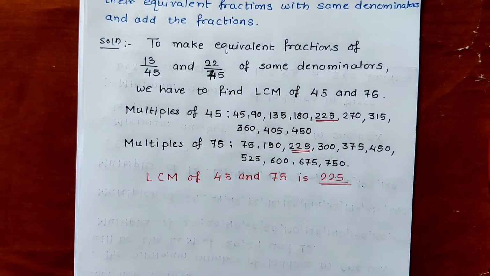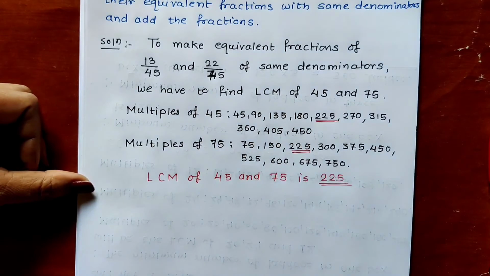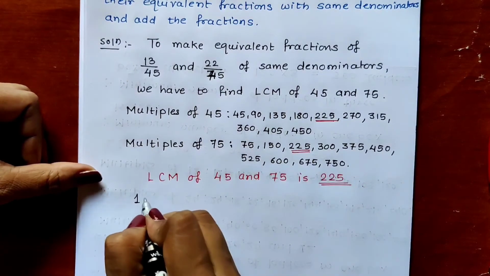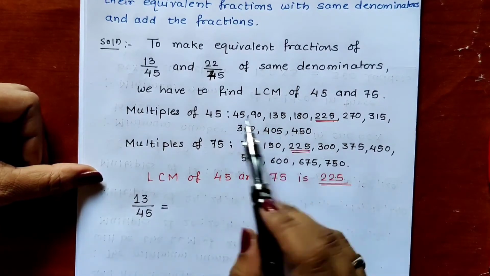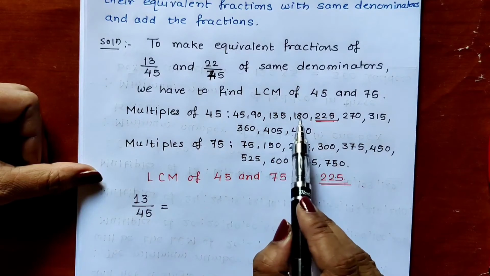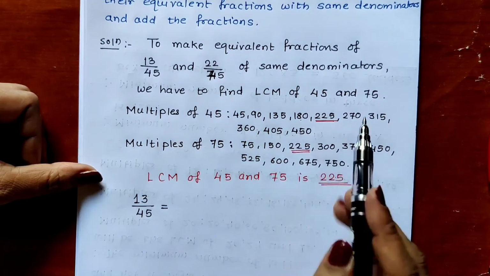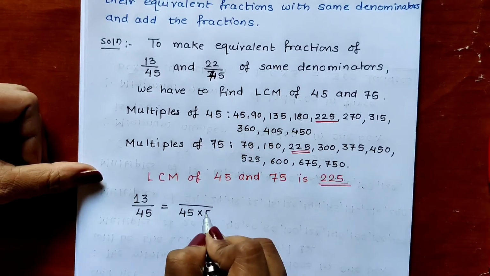Now we have to make the equivalent fractions. We have got the LCM. Now find the equivalent fraction of 13 upon 45. See, 45 ones are 45, 2s are 90, 3s are 135, 4s are 180 and 5s are 225. We have to multiply 45 by 5.